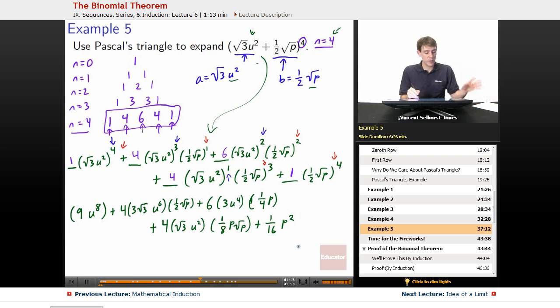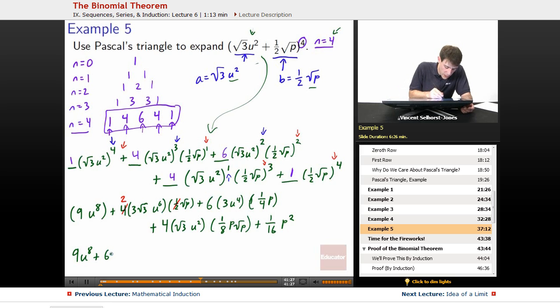Great. Now we can simplify this whole thing, do the last of the simplification. So 9u to the 8 plus 4 times 3 root 3 times 1/2. So 1/2 cancels the 4 down to a 2. We're left with 6 root 3 u to the 6th root p, plus we've got 1/4 here, so this will become 1/2.